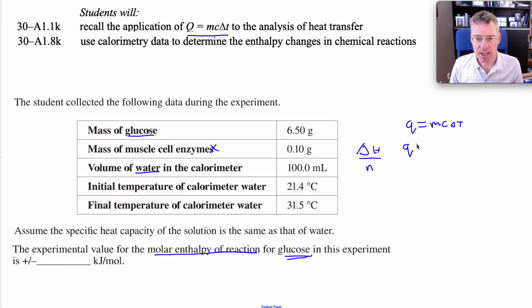So m in this case is 100.0 milliliters, which would be equivalent to grams. This is going into water. It's very common on diplomas now to have non-water surroundings to make sure students don't always use 4.19 joules per gram per degree Celsius, and your ΔT is 10.1.